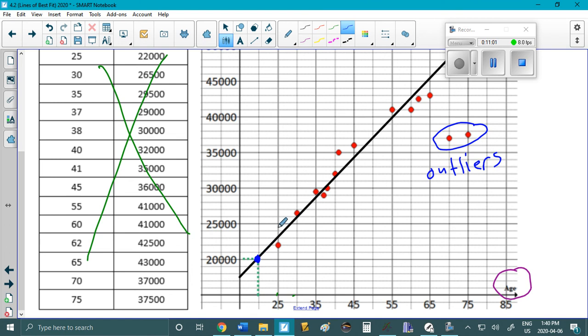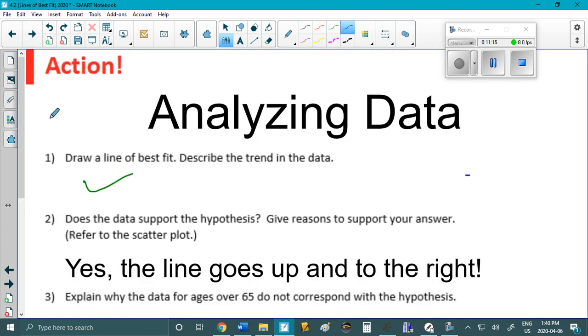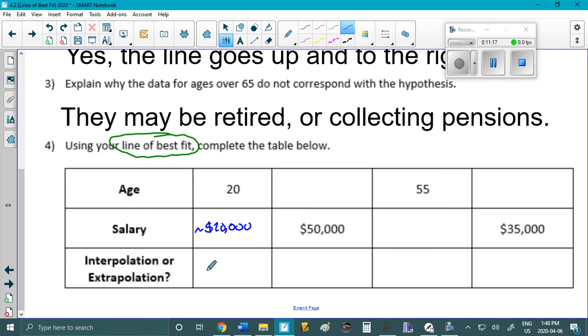Now the question is, if we put a circle around the data, was that point inside or outside the circle? I think it's quite clearly outside the circle. So it's outside, it's extra data, and so it's extrapolation. And don't worry, there's 3 more to go here.